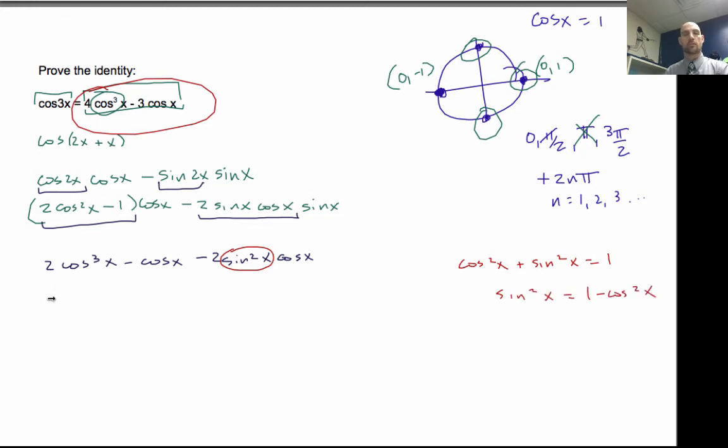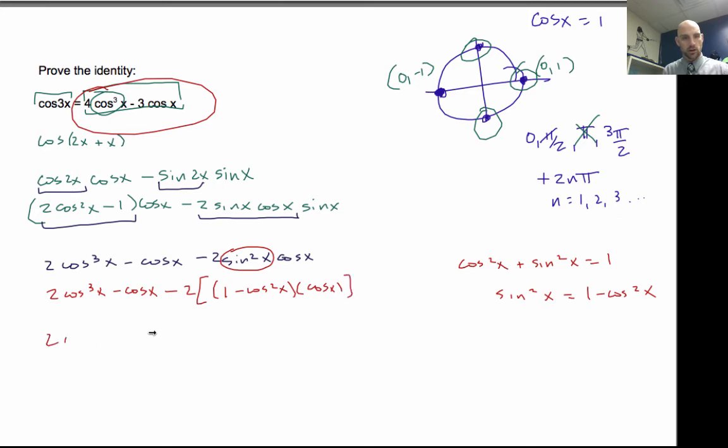So I'm going to sub that out because I want all cosines. So 2 cosine cubed x minus cosine x minus 2 times, sine squared x is 1 minus cosine squared x times cosine x, right?